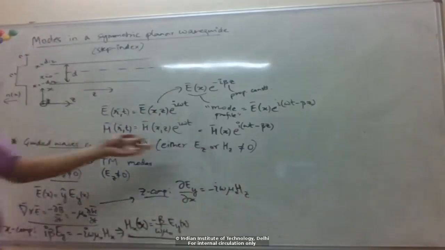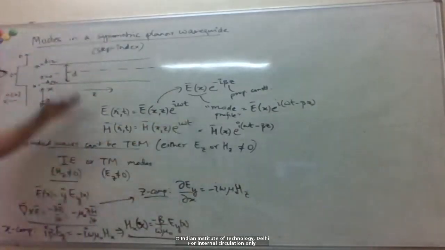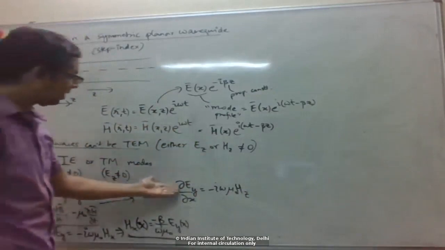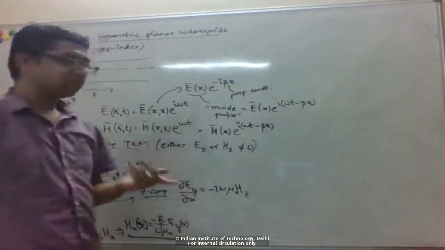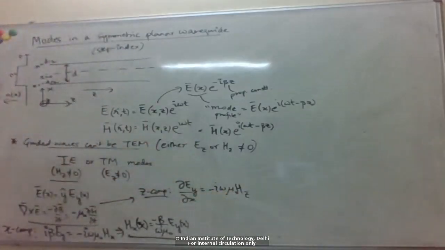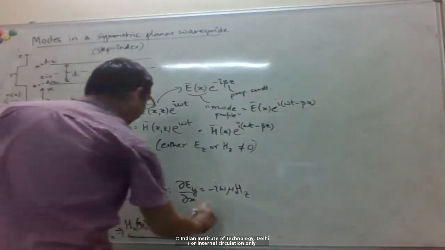Right, so you can see that Ey of x is some smoothly varying function, and we'll see what exactly that is. So this derivative is also another smoothly varying function. So Hz is non-zero.